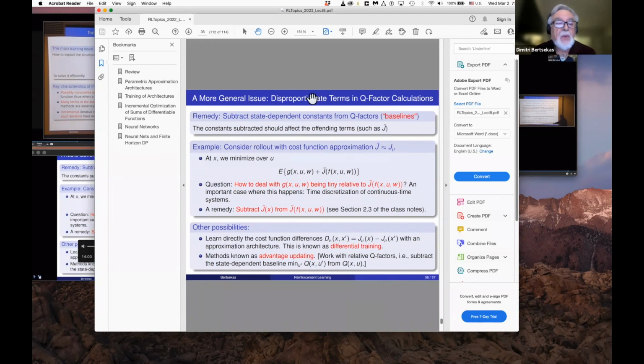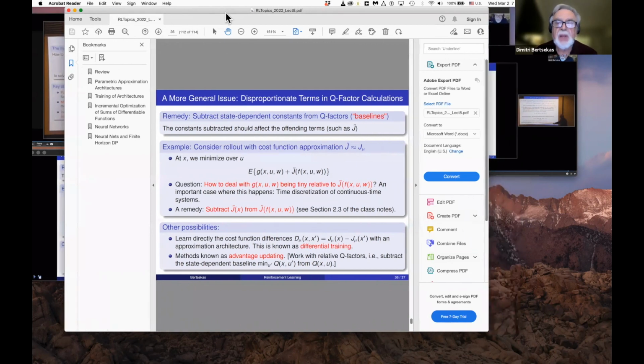Differential training, which is actually my research, has not been picked up. I think it is interesting, but people have not worked on it. I think they're scared of the possibility of training cost function differences because it requires twice as big input to neural networks. I think it's possible, but it has not been picked up by too many others. Some, but not too many.